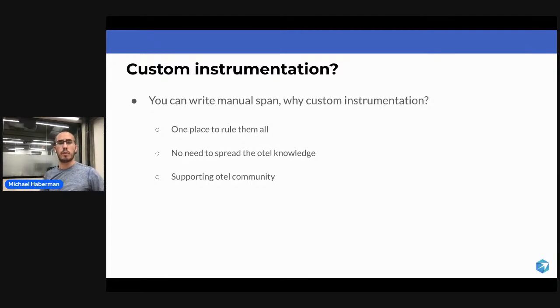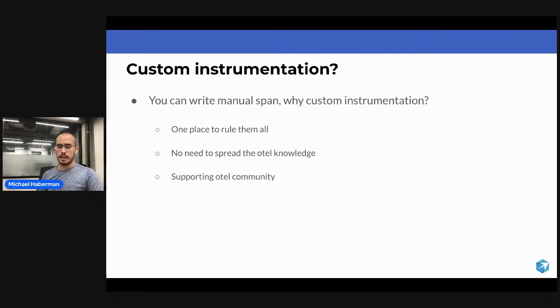You need to do a lot of work in order to manually instrument that. So maybe the reason for you to create a custom instrumentation is you just want to have everything in a single place. That's one motivation that I would use custom instrumentation.